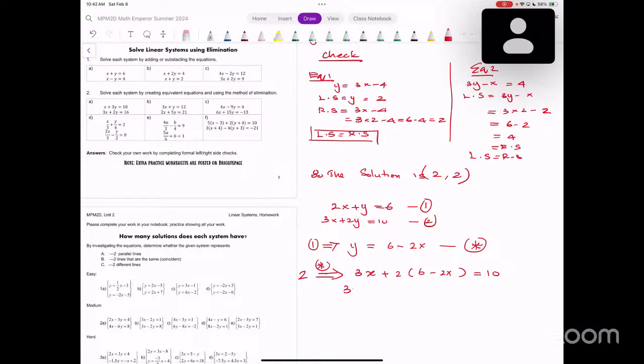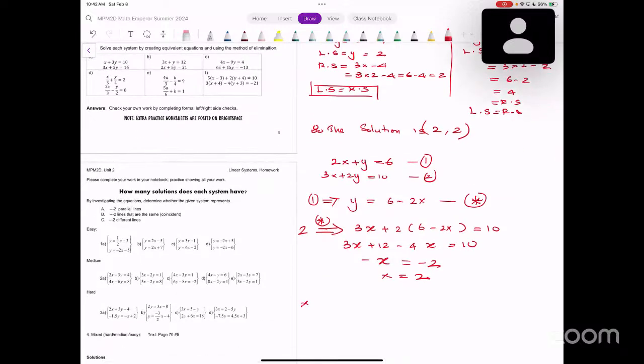So 3x plus 12 minus 4x is equal to 10. Negative x is equal to negative 2, x is equal to 2. Going back to my star, substitute x is equal to 2. y is equal to 6 minus 2 times 2, which is 6 minus 4, which is 2.